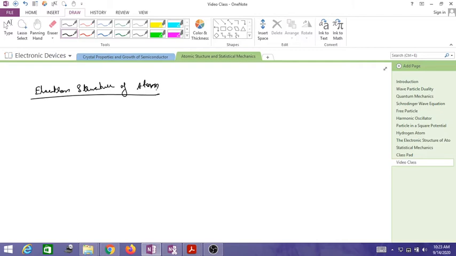Therefore, to represent the wave function, it is approximated with the help of the central field model. I'll not go into much detail on this, so I'll just highlight a few points here.